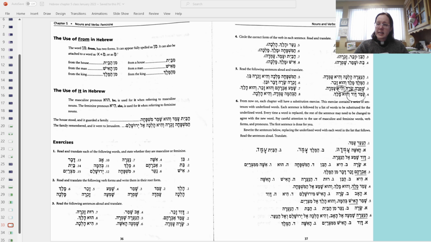Zayin, kaf, and resh are the three root letters. The last one we have is malak, and malka. Now it's interesting. In number 1 and number 6, we have the final kaf, which looks different than the regular one. So the root letters are mem, lamed, kaf, and that means to rule.